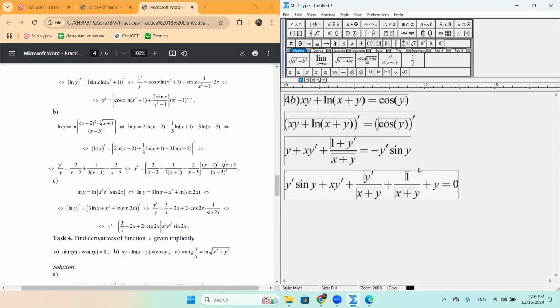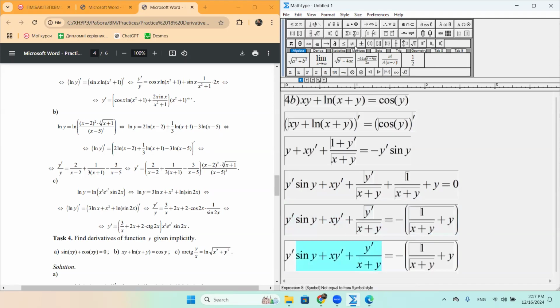And now let's move everything that doesn't contain y prime to the right. That's what remains on the left and what remains on the right. So this part. And now we need to find y prime.